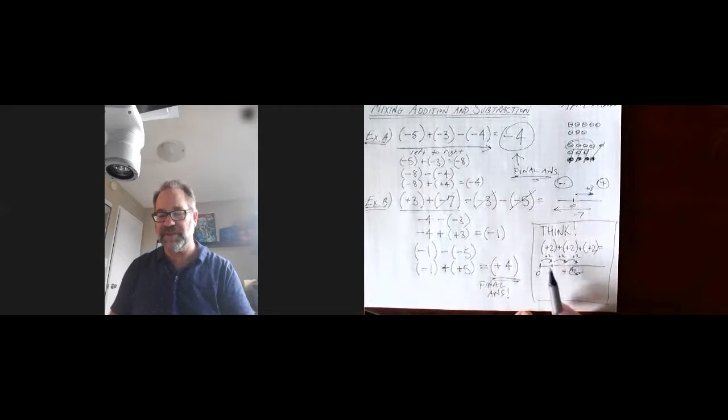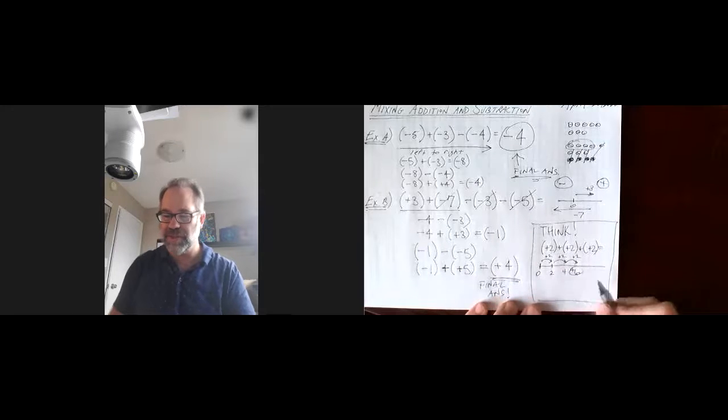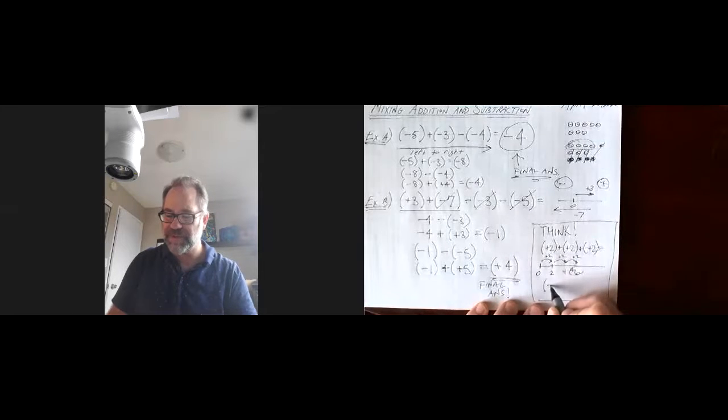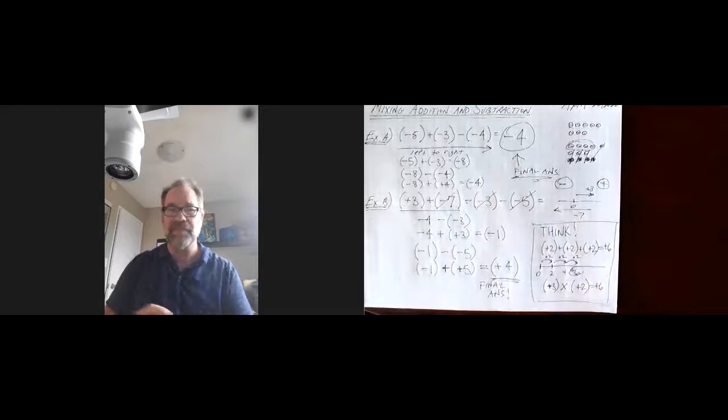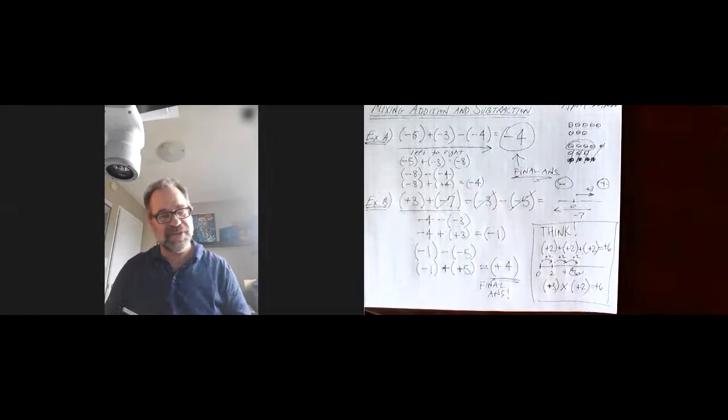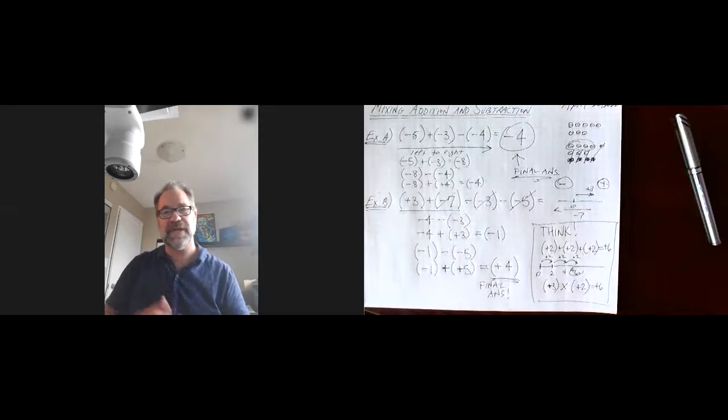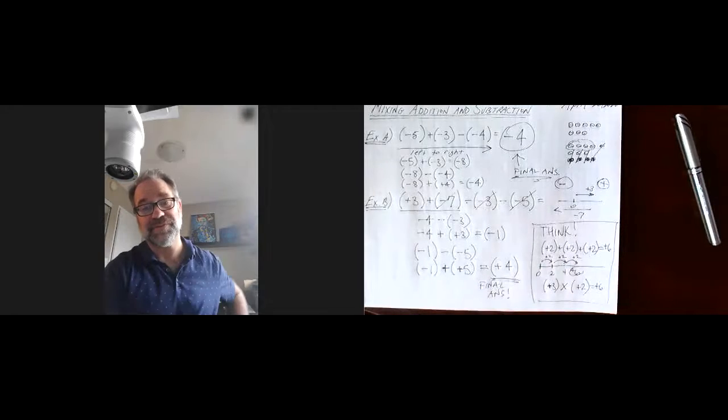And hopefully these 1, 2, 3 jumps of +2 will help you to remember that this is really 3 groups of +2, which would also have the same answer. So I want you just to think a little bit about that. It might help you with some of the questions on the assignment, and it's definitely going to help you to warm up for next week.